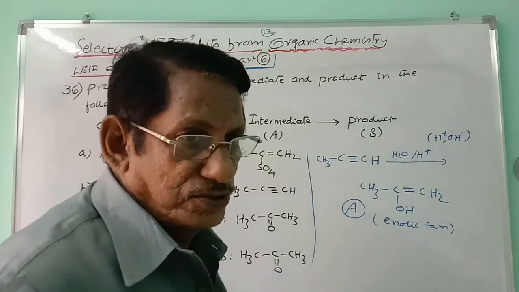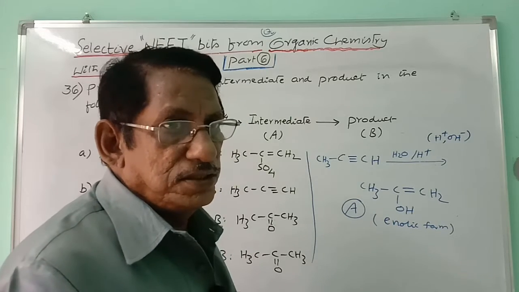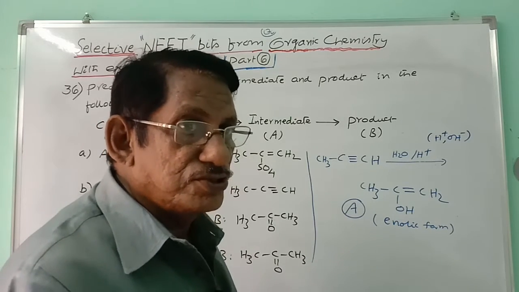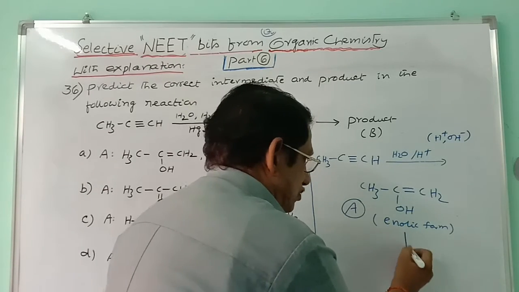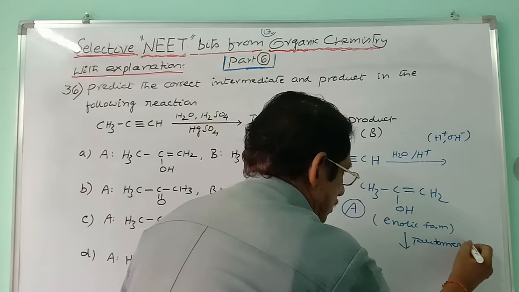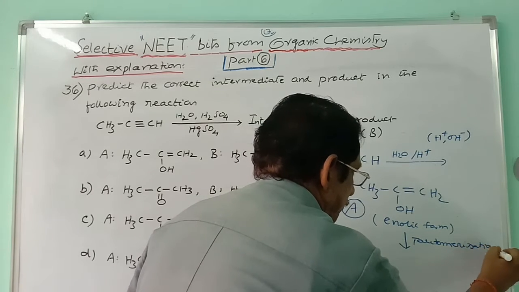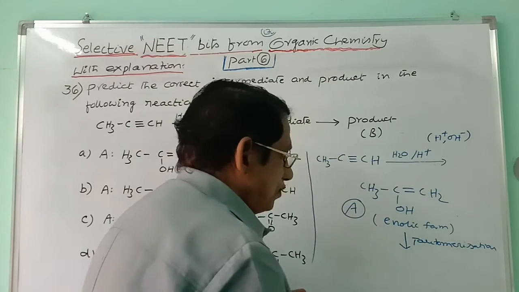In aliphatic compounds, the enolic form is unstable. It will be tautomerized to the more stable keto form, aldehyde or ketone. So here tautomerization takes place to get the keto form. In what way will it take place here?